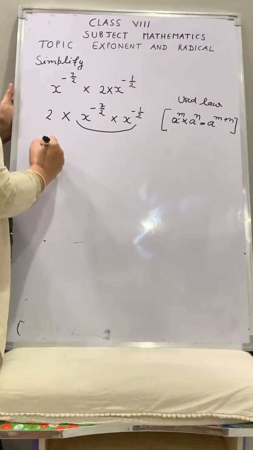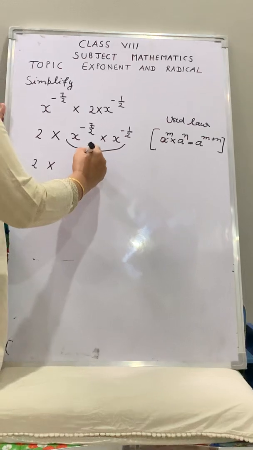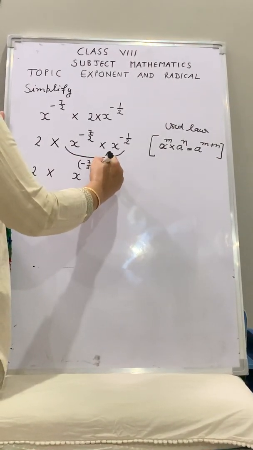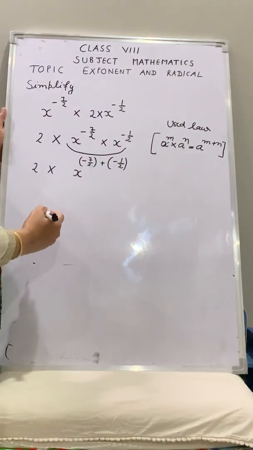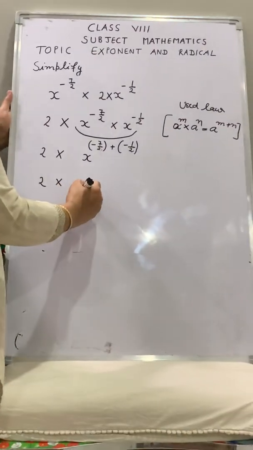Now 2 multiplied by x raised to power minus 7 by 2, written in bracket, plus minus 1 by 2. Next step is to multiply by x.